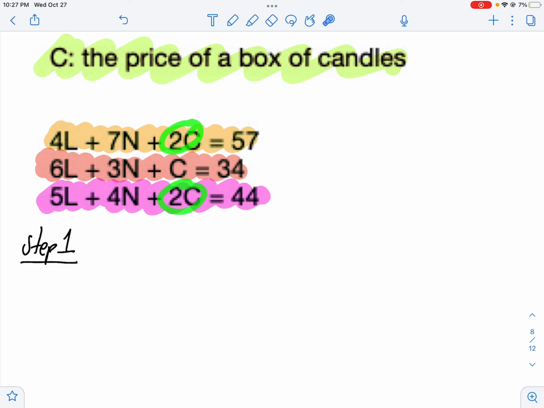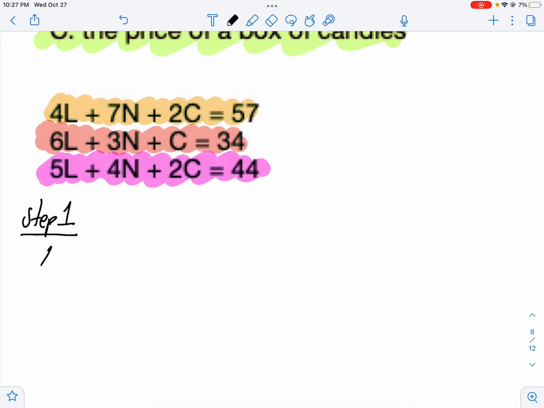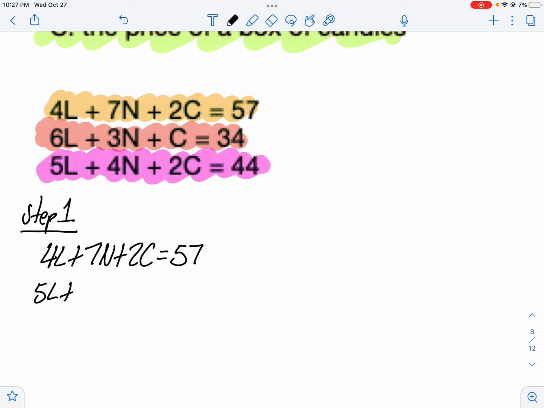So I'm going to pick the orange and the pink here because I want that 2C to cancel. So 4L plus 7N plus 2C is equal to 57. 5L plus 4N plus 2C is equal to 44.